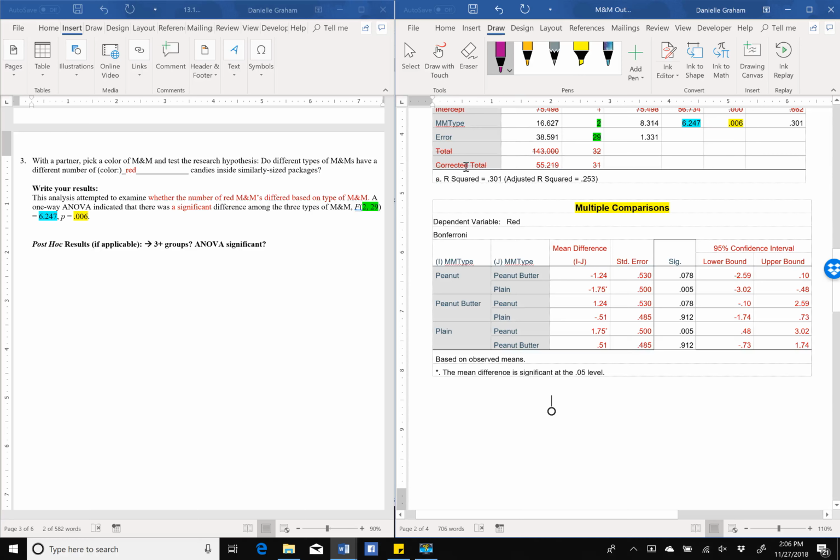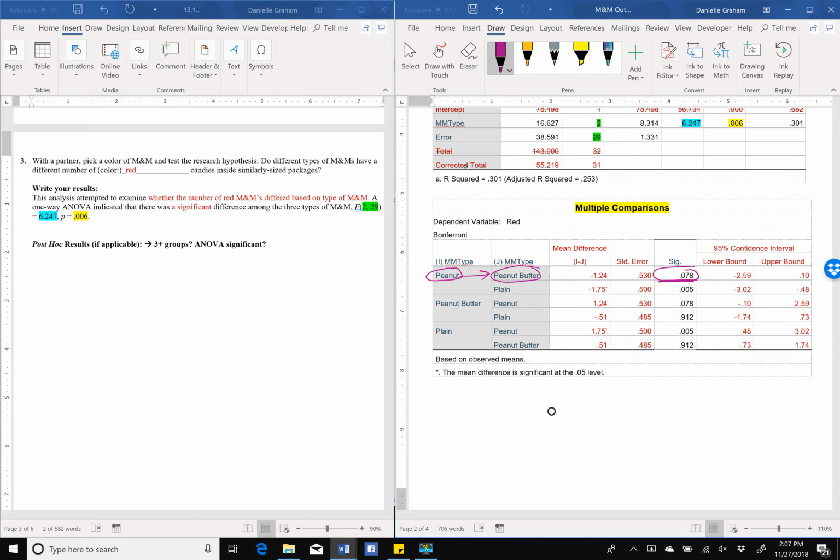Okay. So the way we read this is we take this type of M&M and we compare it to this type of M&M. And we come over here to the significance, and this is the significance that tells us, is there a significant difference in red M&Ms between peanut and peanut butter?